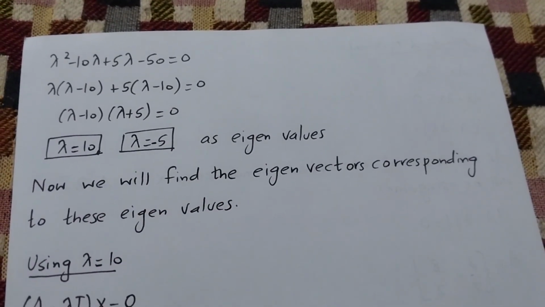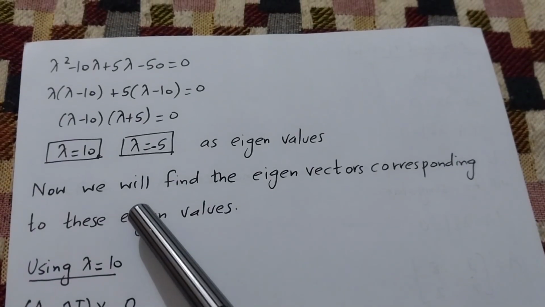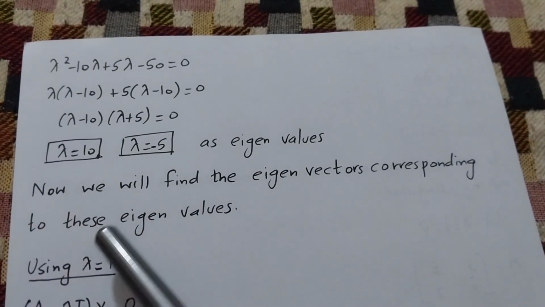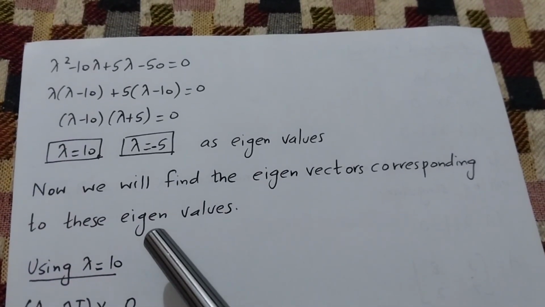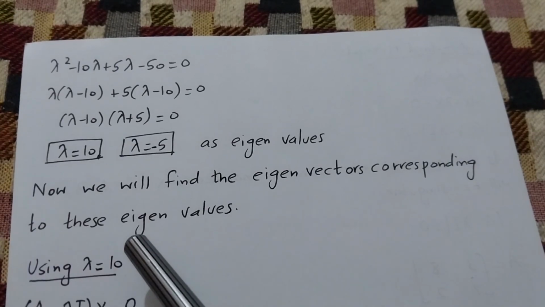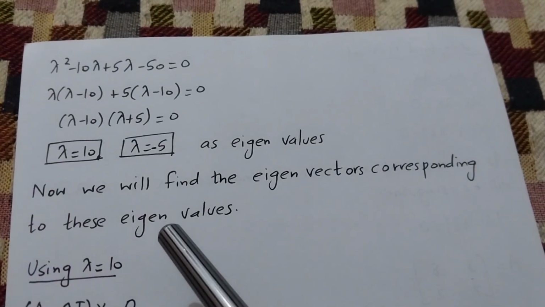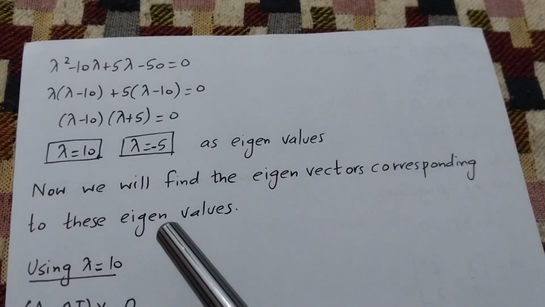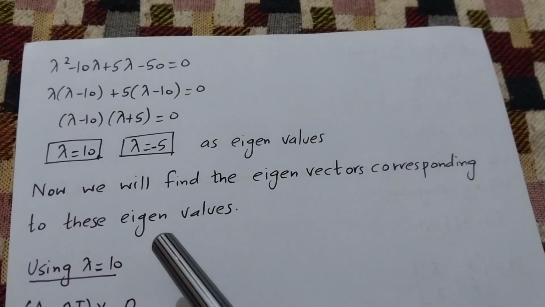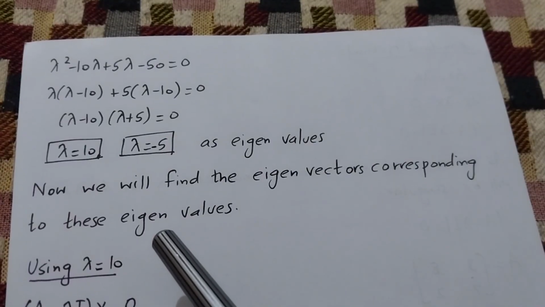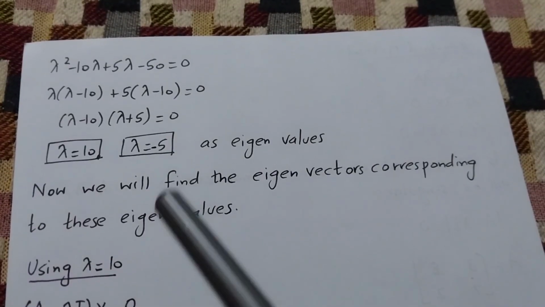So now the next phase is to find the eigenvectors corresponding to these eigenvalues, because I said that three things are needed in order to find the solution of our given system of differential equations: eigenvalues, eigenvectors, and the value of that constant c.